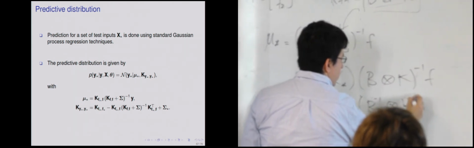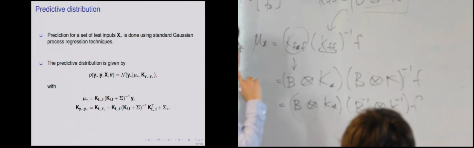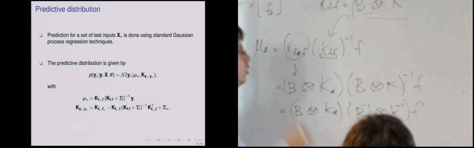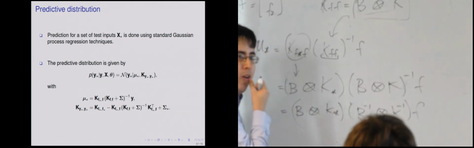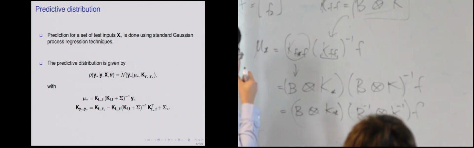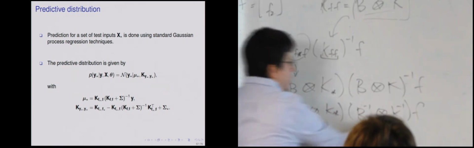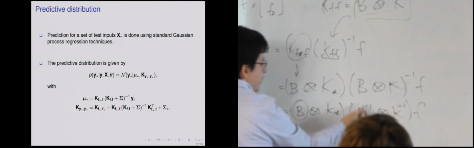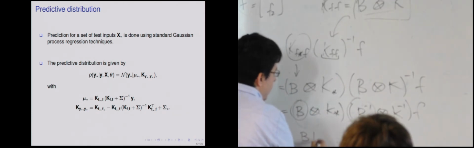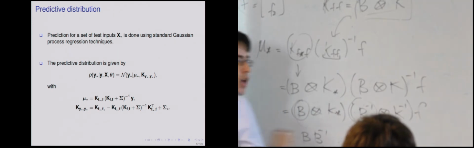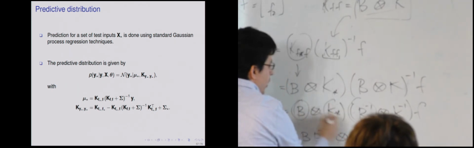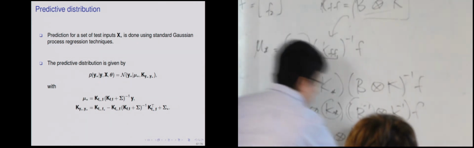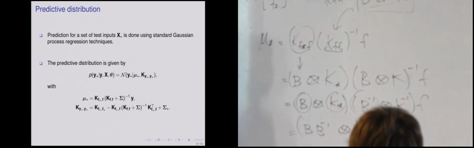How do I multiply these two Kronecker products? If these matrices have the correct dimensions, I can just multiply this term times this term, so I get B times B inverse, which is the identity, Kronecker product with K star times K_ff inverse, times f.